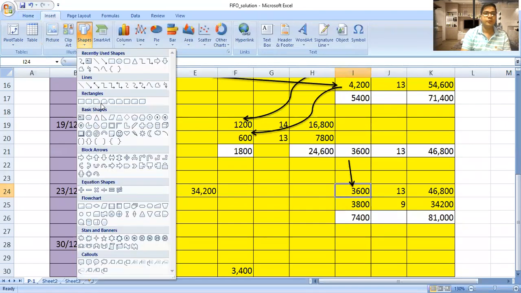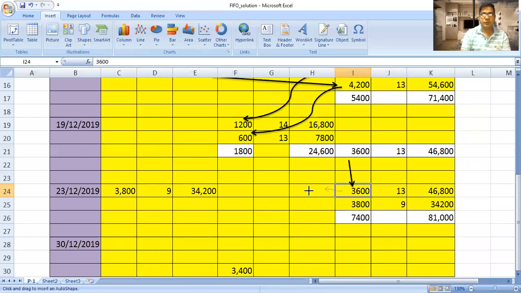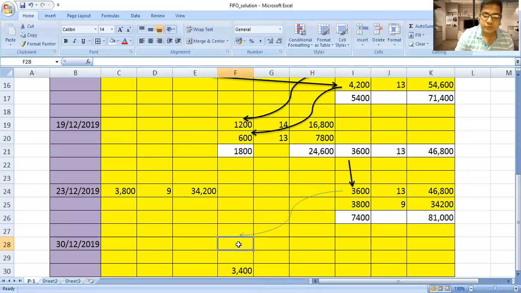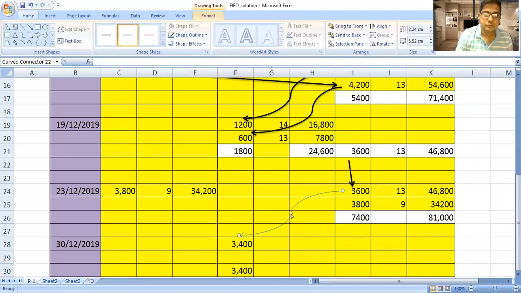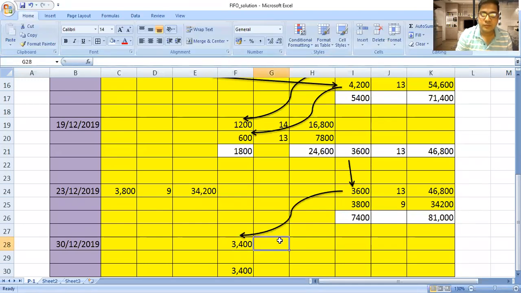What we have to do: from 3,600 units, we will use 3,400, and their rate is 13. 3,400 into 13 is 44,200.